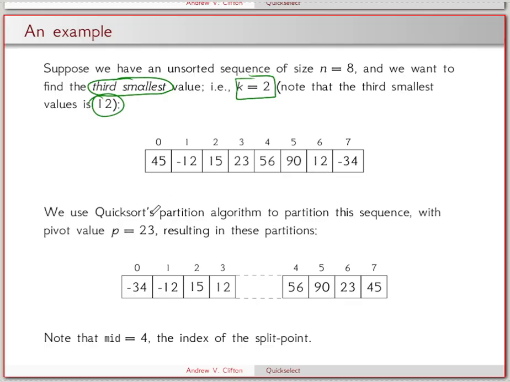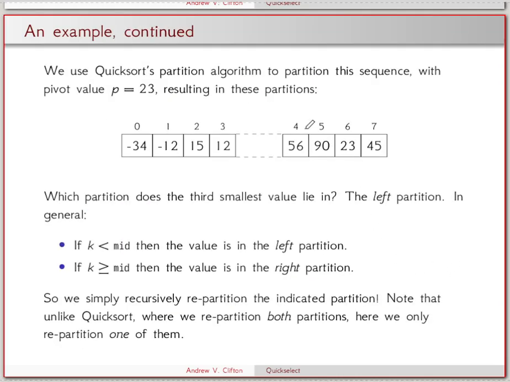So the idea is let's use Quicksort's partition algorithm to partition this sequence. Pick any pivot you want, but we'll use a pivot of 23, and that will give us these two partitions. Here is the left partition, and here is the right partition. So which partition does the kth smallest element lie in? Where's 12? It's in the left partition.